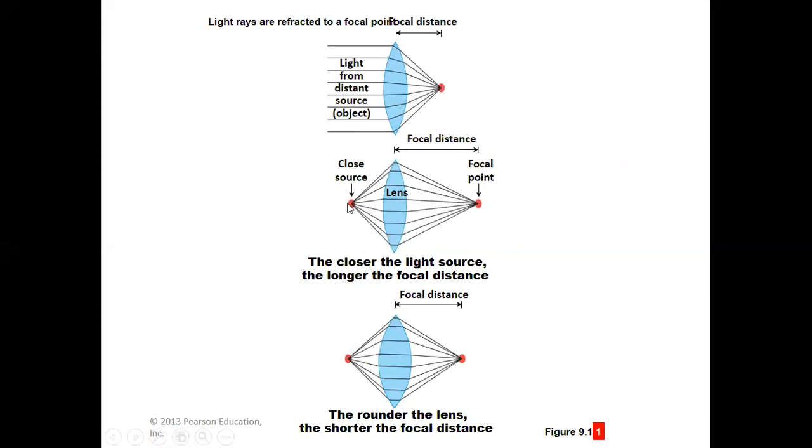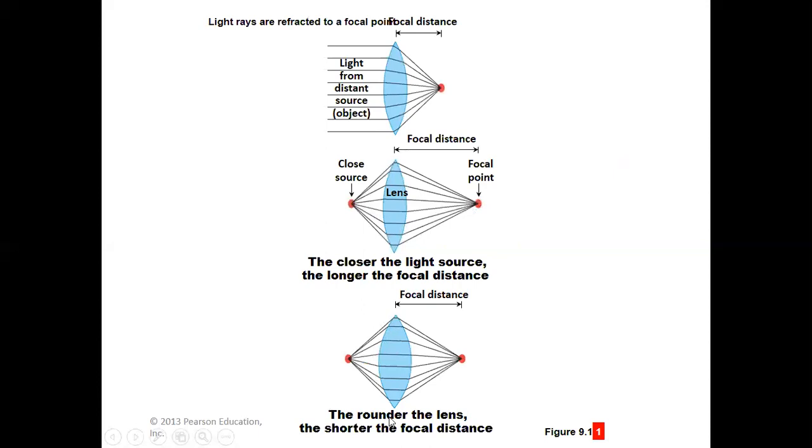From a close source, the lens changes shape to refract light even more to that same focal point, but the focal distance increases from the lens to the focal point. So basically, the closer the light source, the longer the focal distance. Which means the lens is pretty flat.